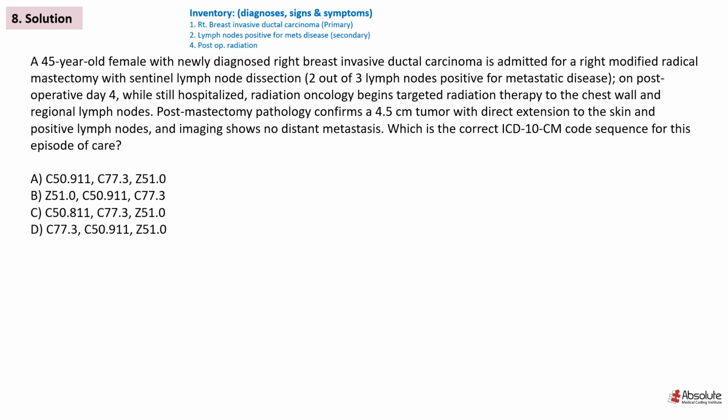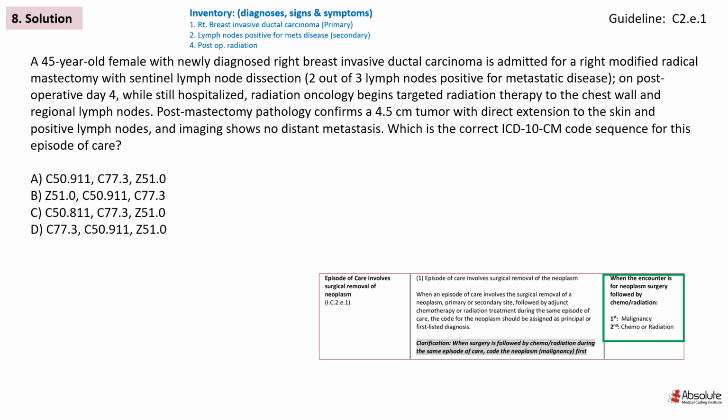Okay, so the guideline that I use to help me solve this scenario is very similar to the last one that we just did, and we honestly probably could have included it in that last scenario. They definitely complement one another. So it's chapter 2, E1, which tells us that when the encounter is for neoplasm surgery followed by chemo or radiation therapy, you are going to sequence first your malignancy and then second the chemo or radiation therapy code.